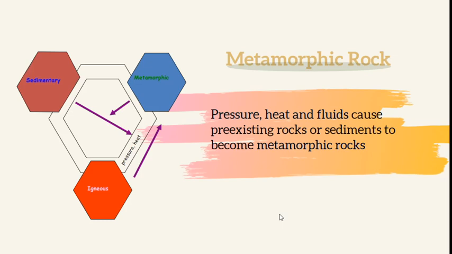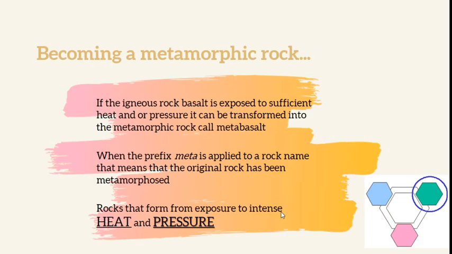Another rock type, we have metamorphic rock. Pressure, heat, and fluids cause pre-existing rocks or sediments to become metamorphic rocks. So this is now the process in becoming a metamorphic rock. If the igneous rock basalt is exposed to sufficient heat and/or pressure, it can be transformed into the metamorphic rock called metabasalt.